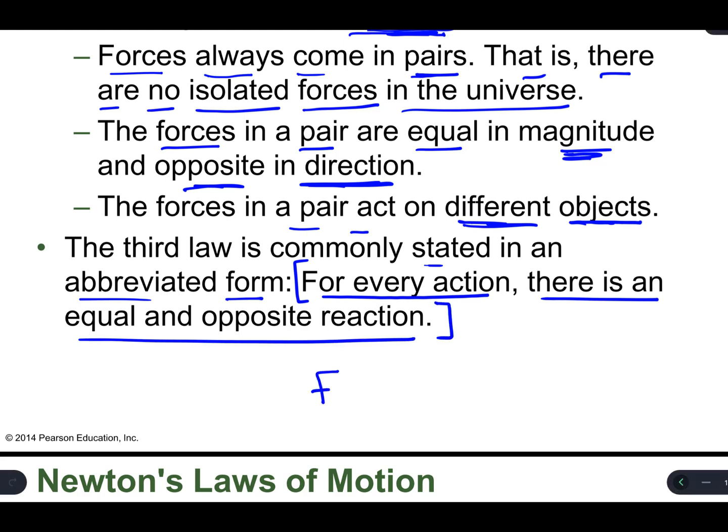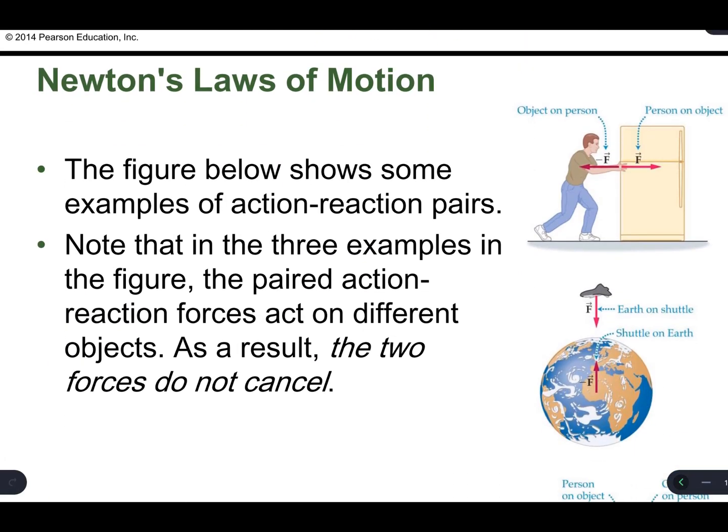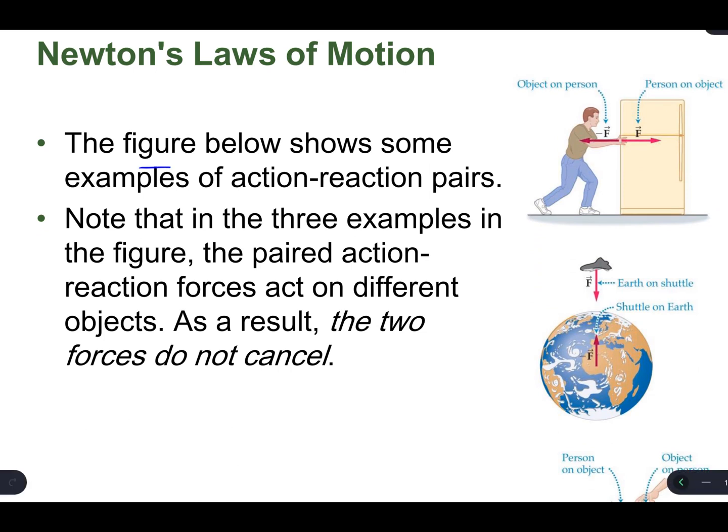So F from object 1 on object 2 is exactly equal to F from object 2 on object 1, but in the opposite direction. The magnitudes are equal, but the direction is opposite. The figure below shows some examples of action and reaction pairs.